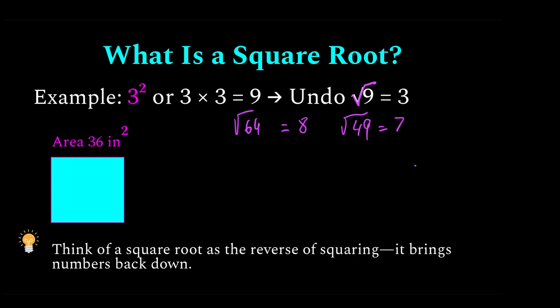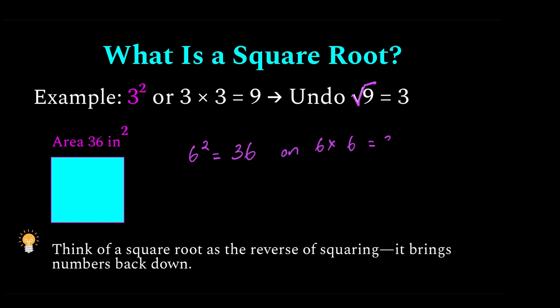However, another way to think about the square root is imagining that you have a square with an area of 36 square inches. If you were asked to find the side length, you would think about it: what number multiplied by itself gives you 36? Well, that number is 6 because 6 squared equals 36, or another way we can say that, 6 times 6 equals 36.